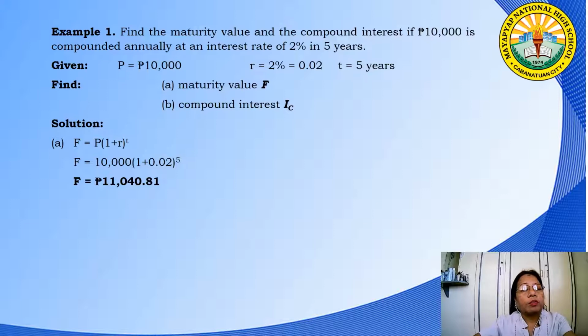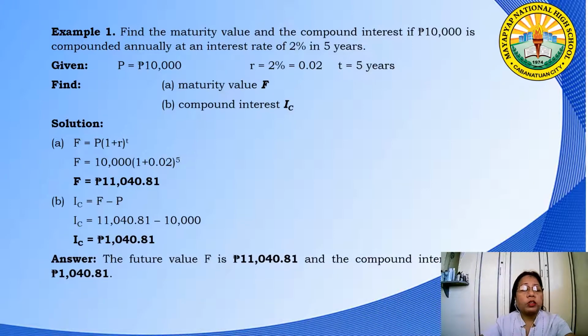And to get the compound interest, after solving for the future value, by subtracting the present value from the future value, I sub C is equal to 1,040.81 pesos. So the future value is 11,040.81 and the compound interest is 1,040.81.